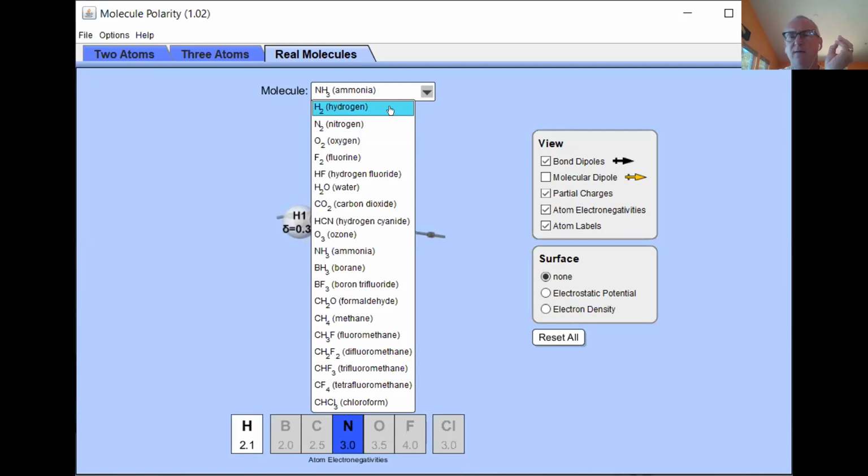Why is that? They are symmetric. One reason, they're symmetric. What's the other reason? Remember, there's two things you need to be polar. You need to be asymmetric, and what's the other thing you need?